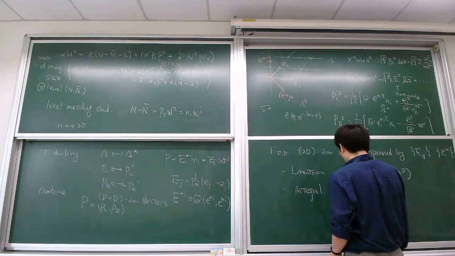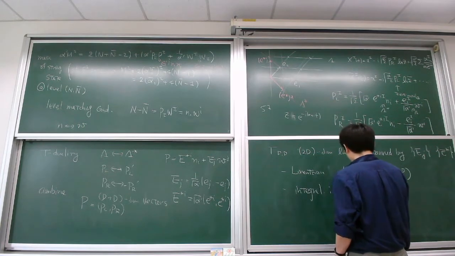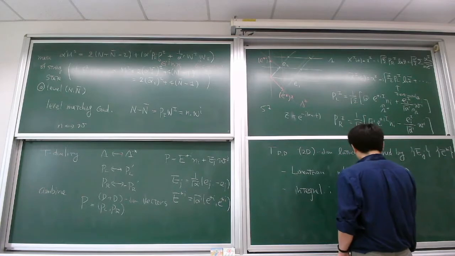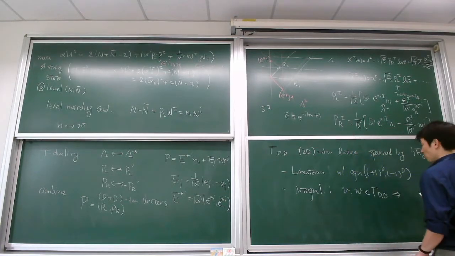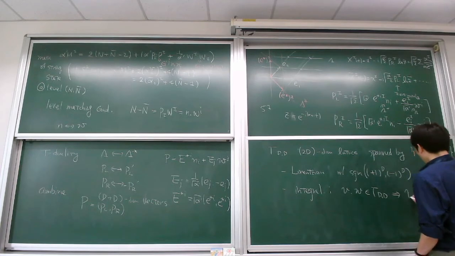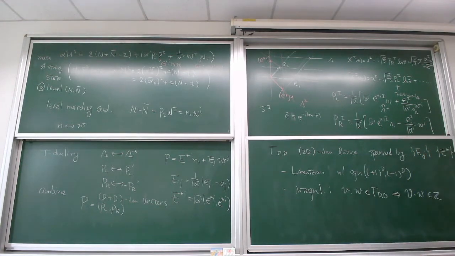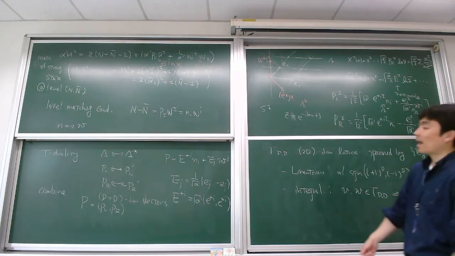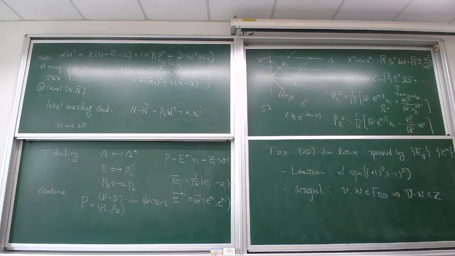Integral means that if you have B and W in the lattice gamma d, then the inner product with respect to this metric, B dot W, is an integer. That's from the construction from a lattice and dual lattice I have written here. It's obvious.